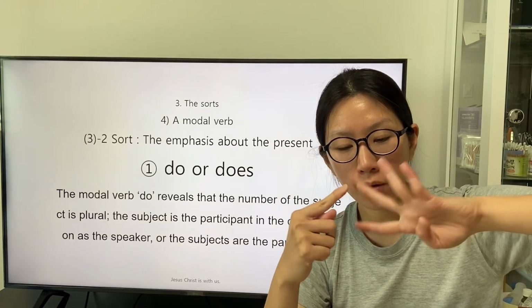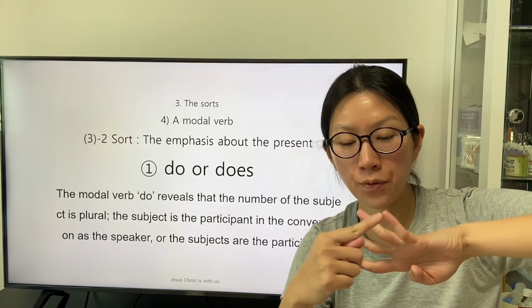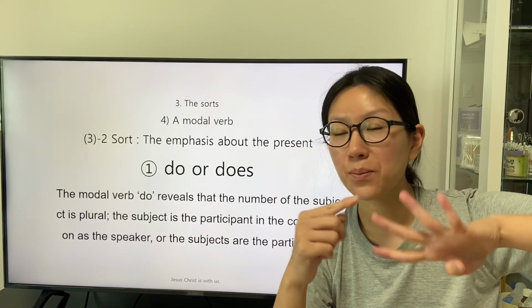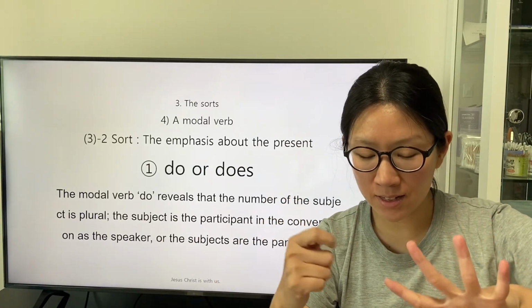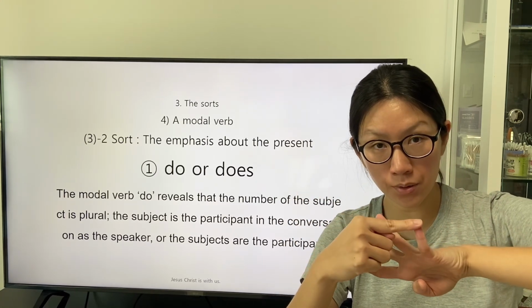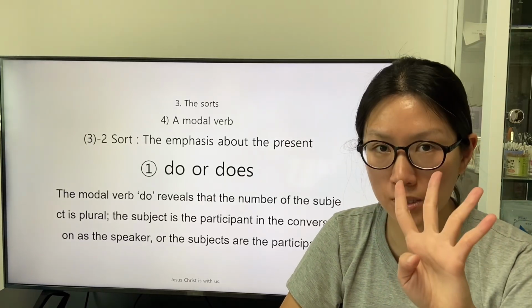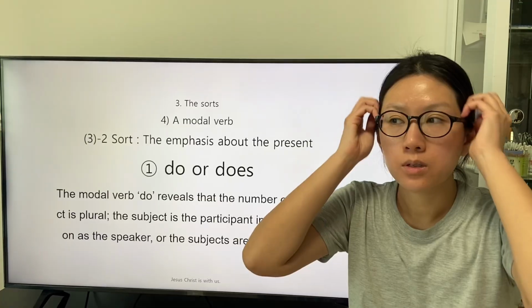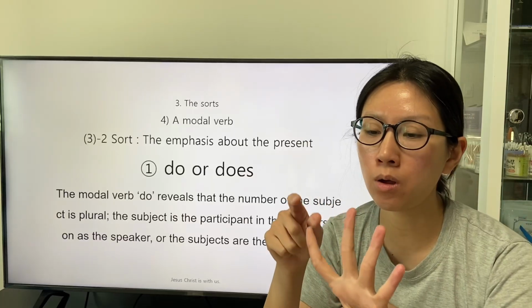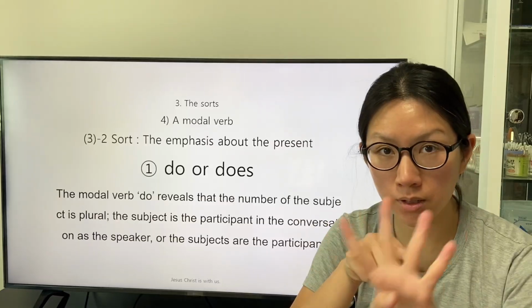The subject classified as in the first, second, and fourth classification is described. The modal verb do is appropriate with the subject or subjects in the first, second, and fourth classification.